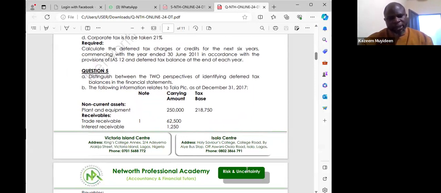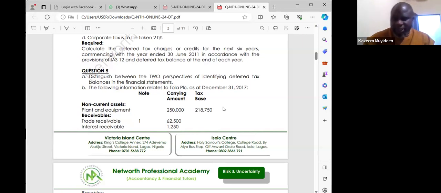Say the following information relates to Tola PSC as at 31st December 2017. Non-current asset, this is an anchor question. Non-current asset carrying amount is 250,000 and the tax base is 218,750. Has it created a temporary difference? Yes, there's a temporary difference.